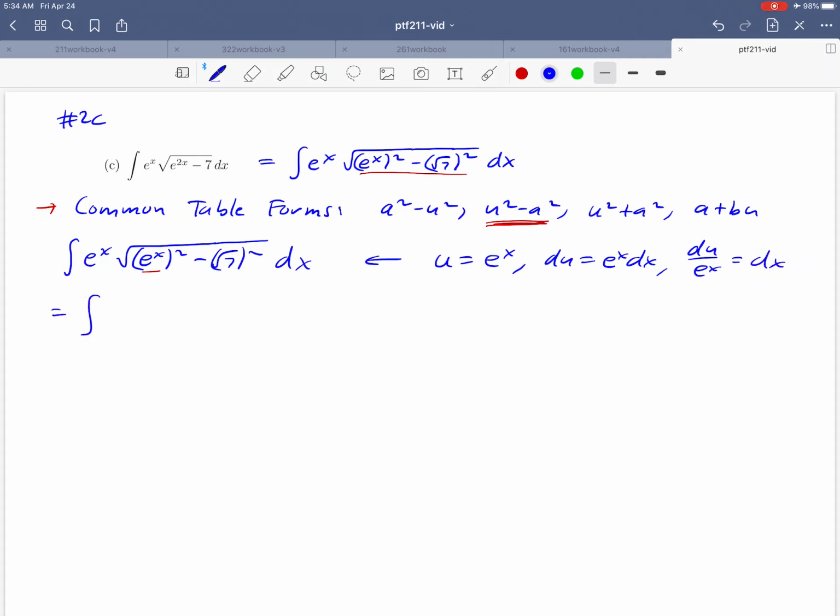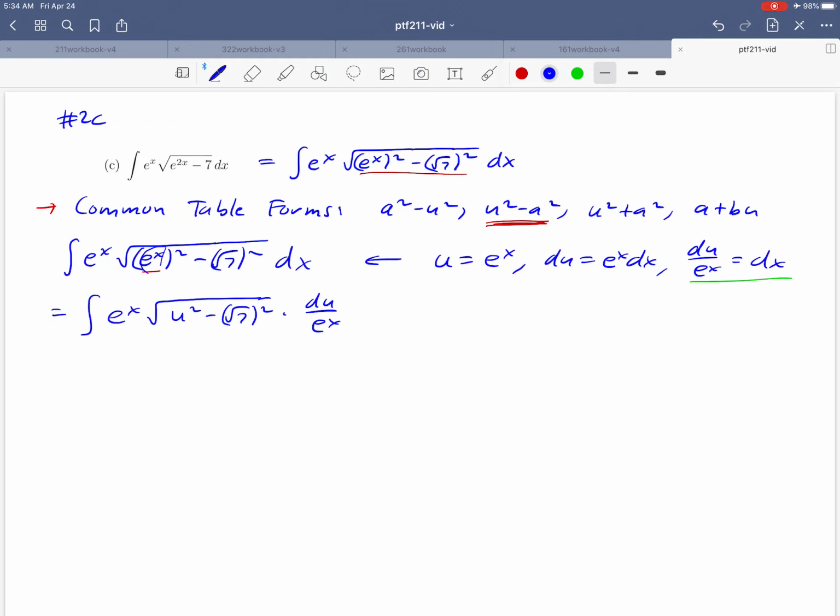Rewriting this integral, we're going to get e to the x times the square root of, we'll take that e to the x that's in here and rewrite that as a u. And we can see from our work over here that dx is equal to du over e to the x.